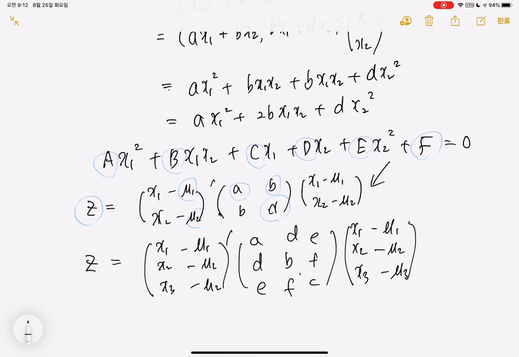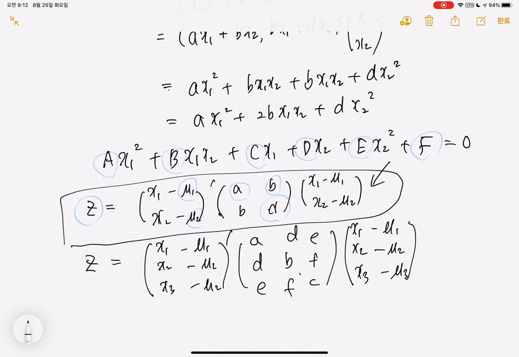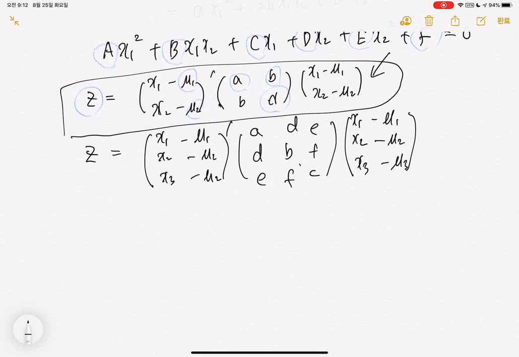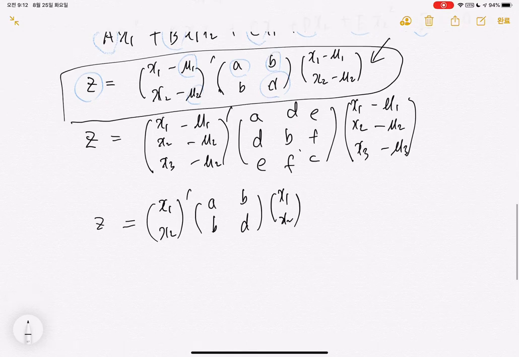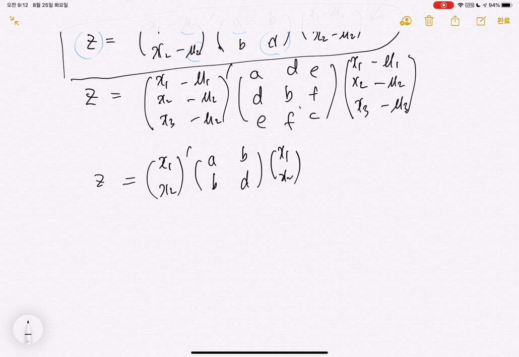Since it is not easy to visualize the trivariate function, let's just stick to the bivariate case. In the simplest form, a quadratic function is this, like I wrote, x1, x2 prime a, b, b, d, x1, x2. That's a quadratic form, and depending on the value that you assign to this quadratic form, this may look like this.